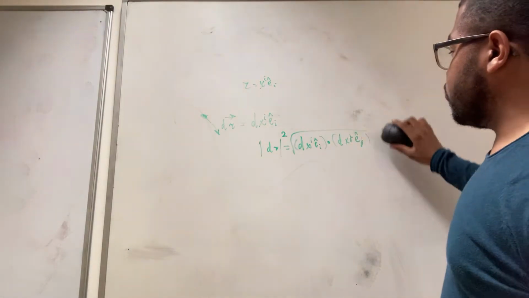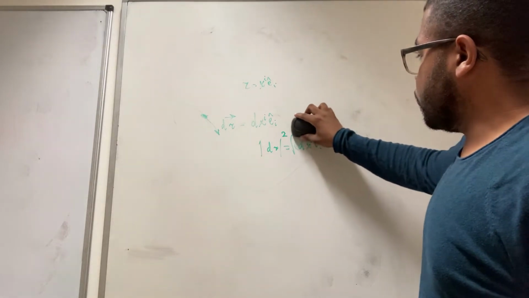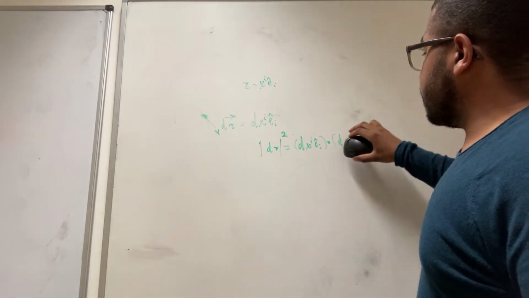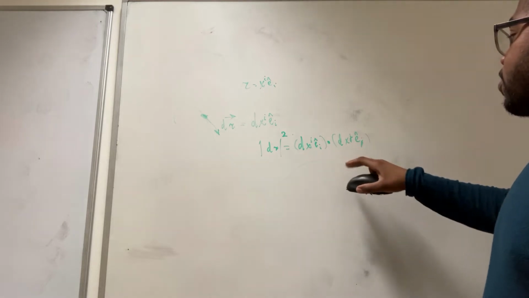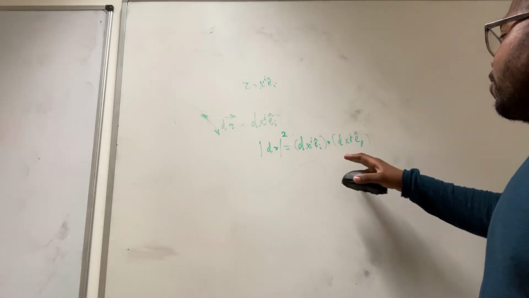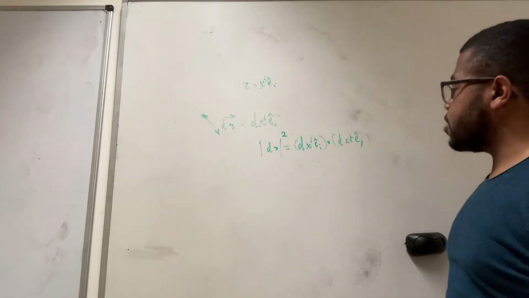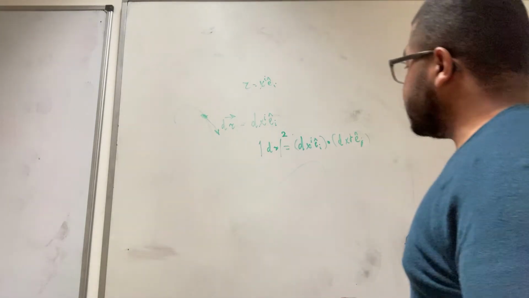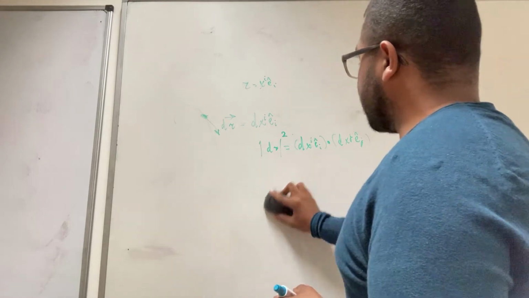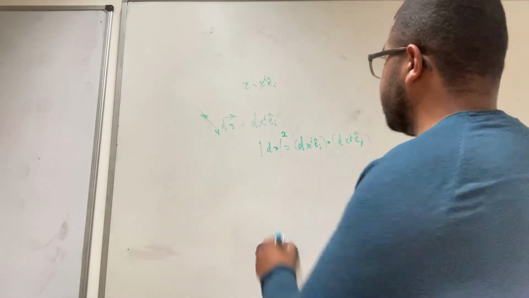That would, in essence, just remove the square root right here, leaving us with the dot product of dx^i e_i hat and dx^j e_j hat. Now, if we write this out in terms of index contraction, I will just remove a bit of the curve which I drew right here.